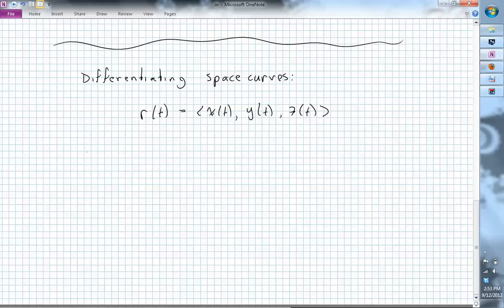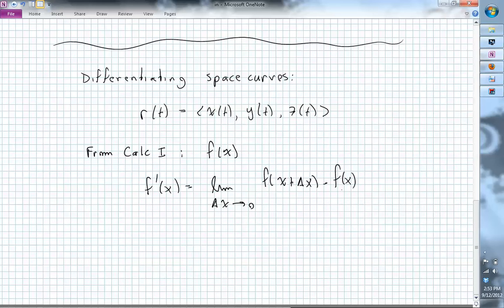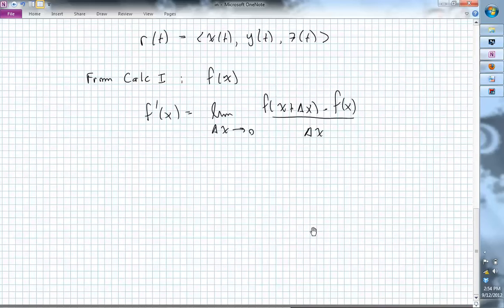Now, from Calc 1, if you had a function f of x, f prime of x was the limit as delta x goes to 0 of f of x plus delta x minus f of x over delta x. That should ring a bell. That's the definition of the derivative from Calc 1 on an ordinary scalar function f. What we want to do is just take this and lift it up to 3 dimensions. We want to lift it up to vector calc.